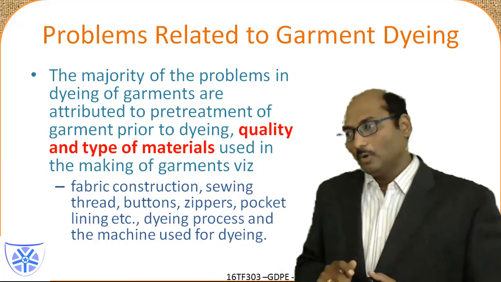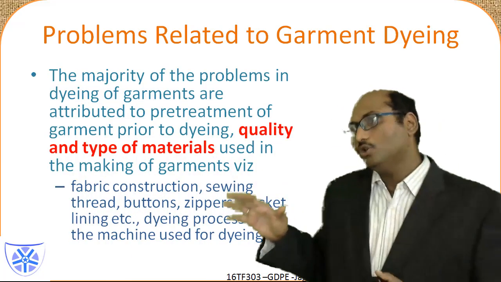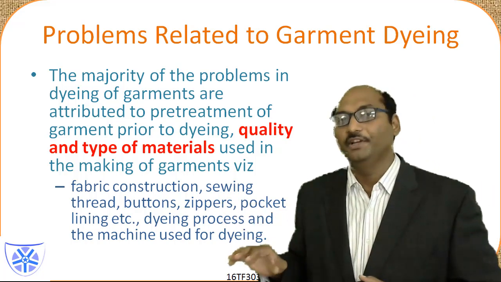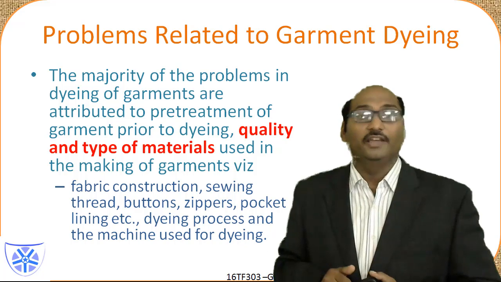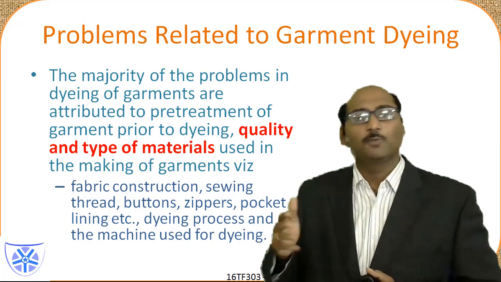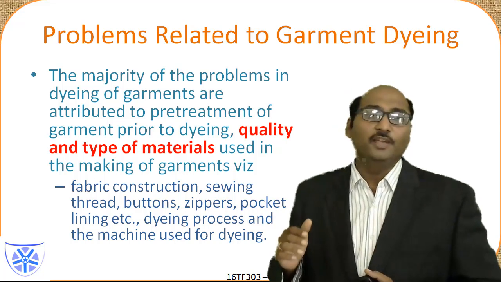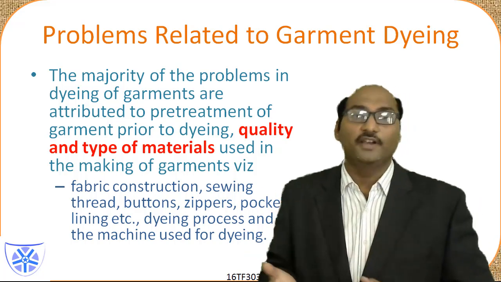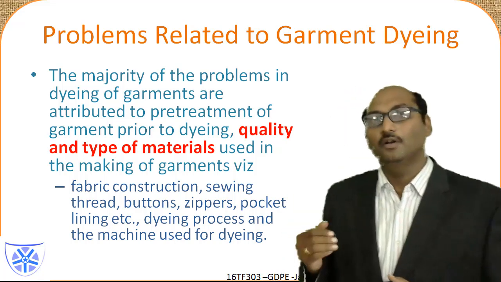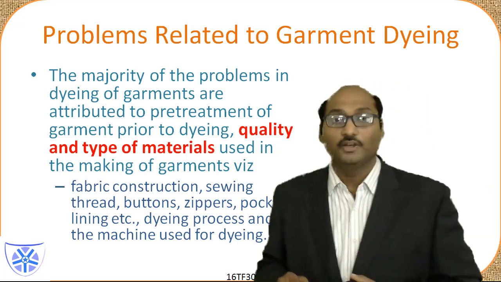Then, for all the materials which are used, we should check the quality and type of materials before the dyeing, like the fabric construction, sewing threads, buttons, zippers, pocket linings. The dyeing process and the machine used for the dyeing also will vary the shade which is going to be obtained, the type of machine.